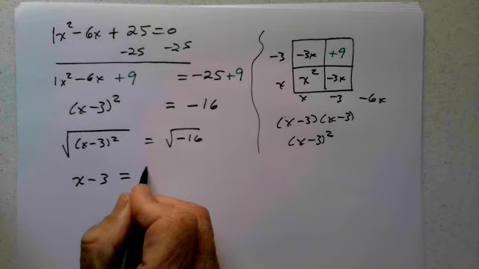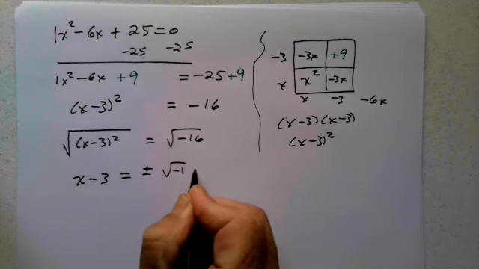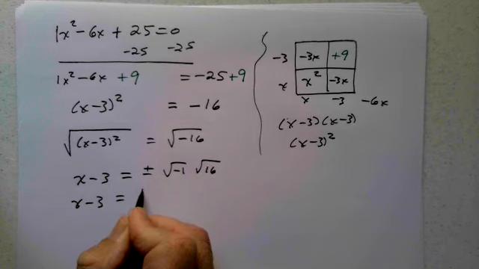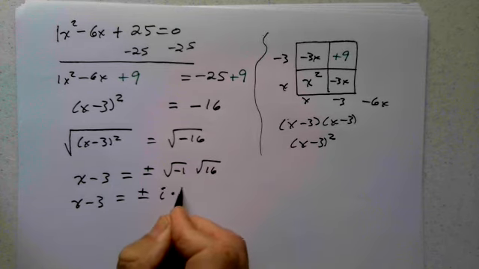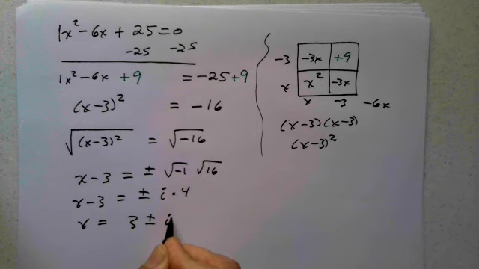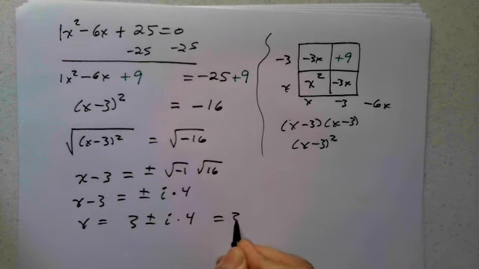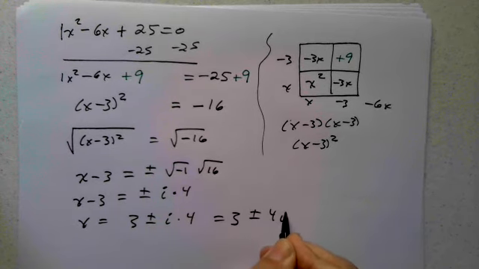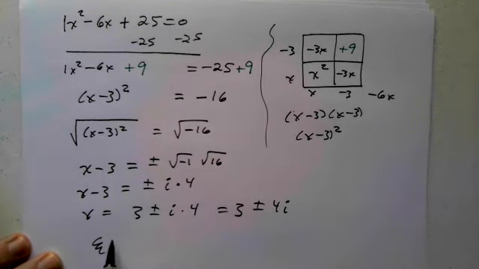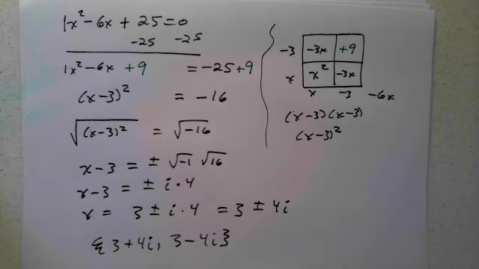So x minus 3 is plus or minus square root of -1 times the square root of 16. x minus 3 is plus or minus i times 4. x is 3 plus or minus i times 4, which we usually write as 3 plus or minus 4i. So my two answers written in set form, 3 plus 4i and 3 minus 4i.